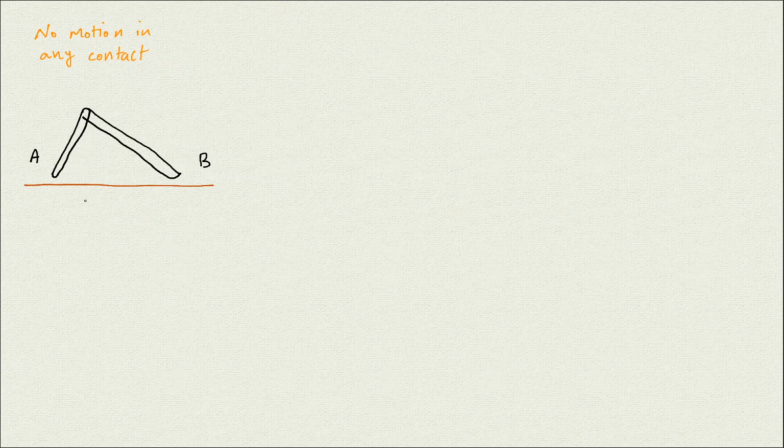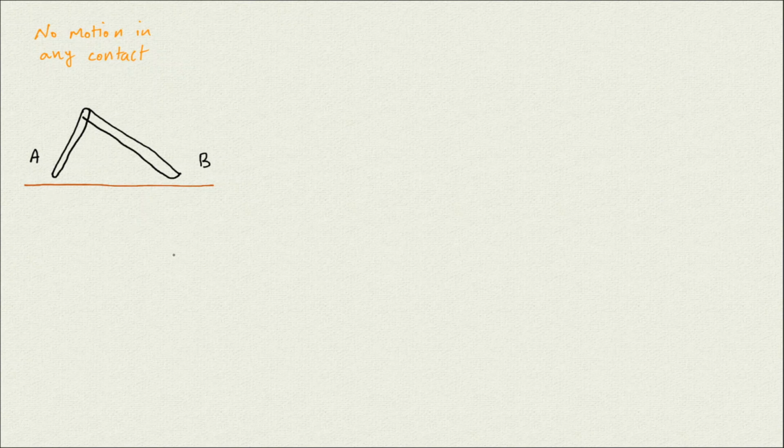If it is not moving, we go ahead and replace contact A and contact B the same way we treated the reaction at a support. So we just replace them with the reactions at point A and at point B.